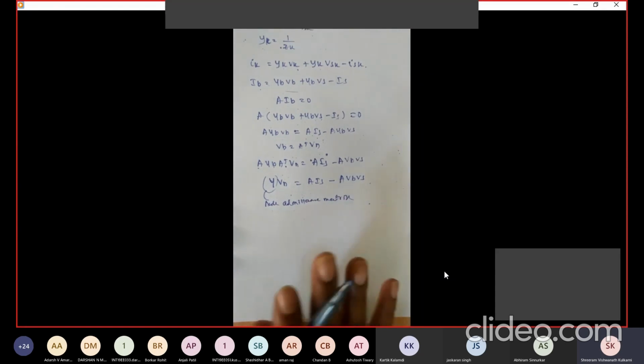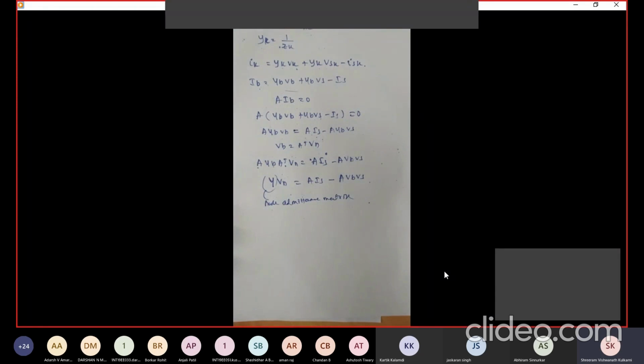This is a generalized KCL equation in terms of incidence matrix.